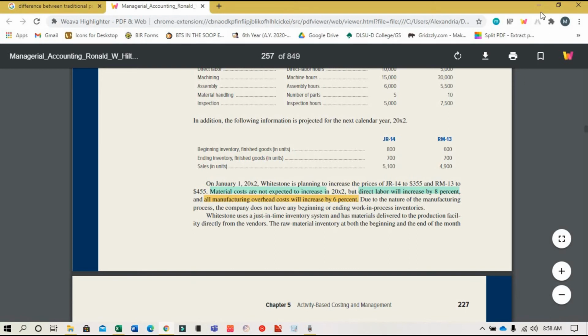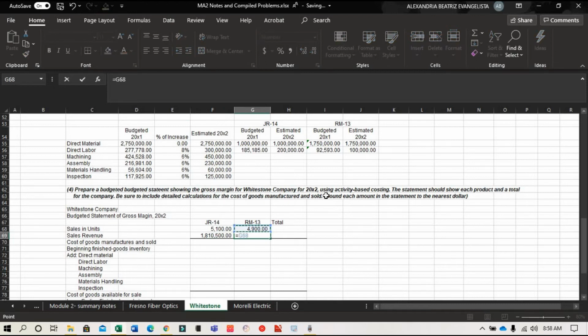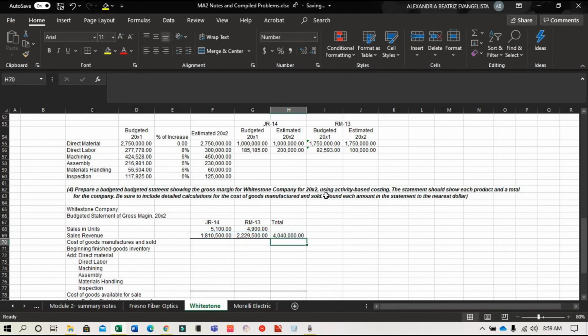So the sales revenue for JR14 is 1,810,500, and for RM13 that is 2,229,500. So we're going to have a total sales revenue of 4,040,000.